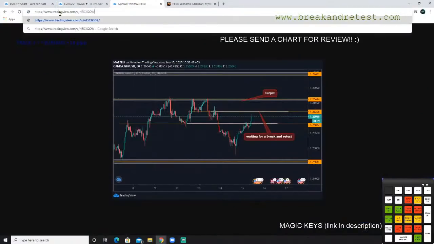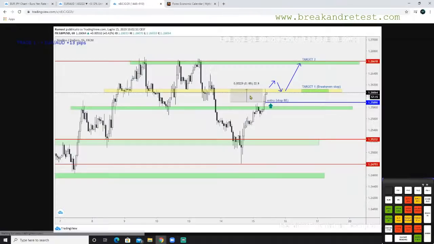Let's take a look at this chart. GBP USD, you're already in. Okay, if you're already in, then protect your profits.